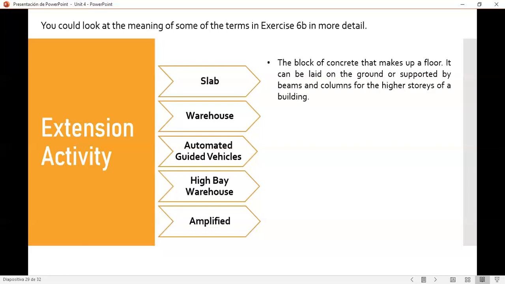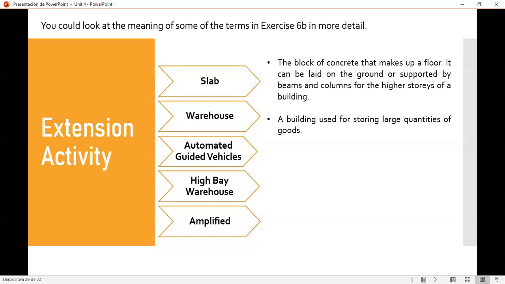Those are known as slabs, all the pieces of concrete put together to make the floor. Then the warehouse that you mentioned is a place where you store the goods, the products. It's a building used for storing large quantities of goods.